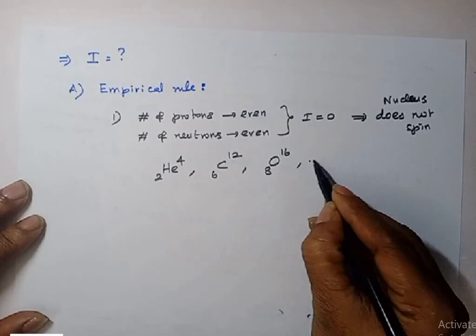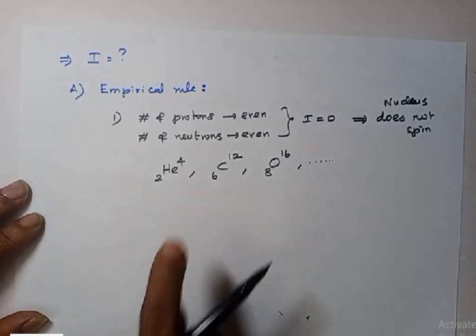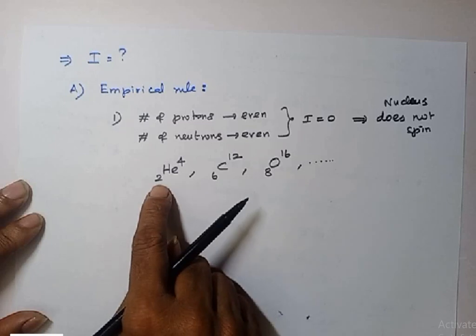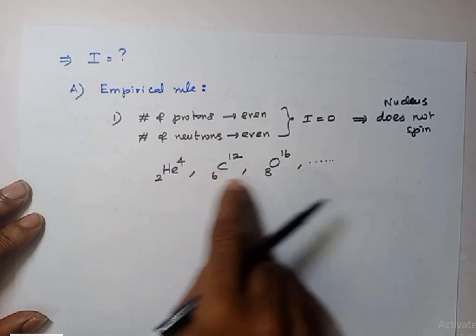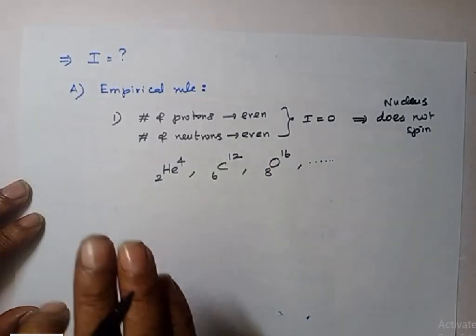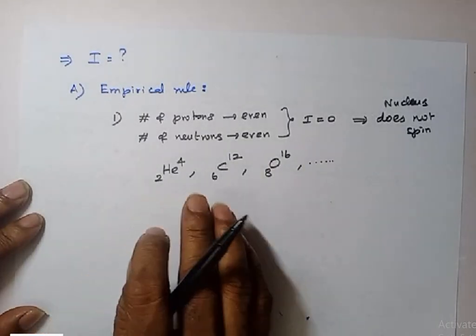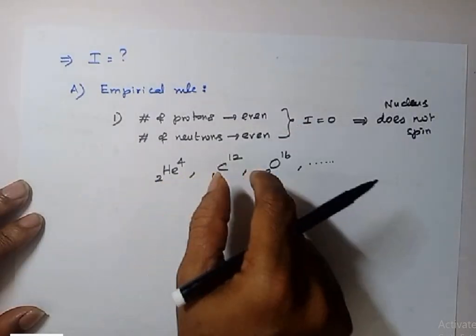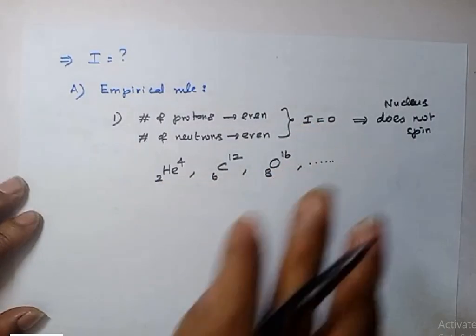So the nuclei of these atoms do not have the property of spin, because they have I equal to 0.